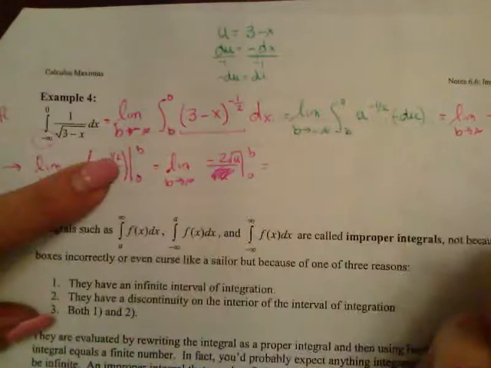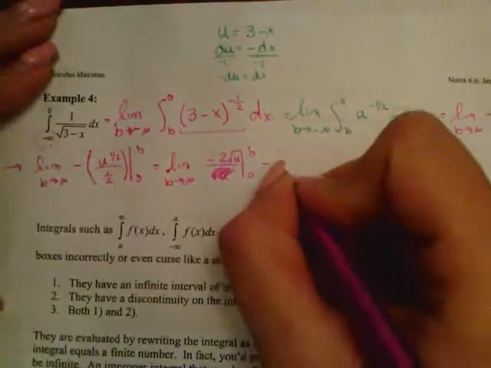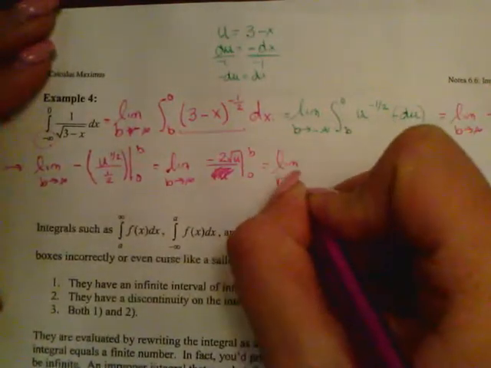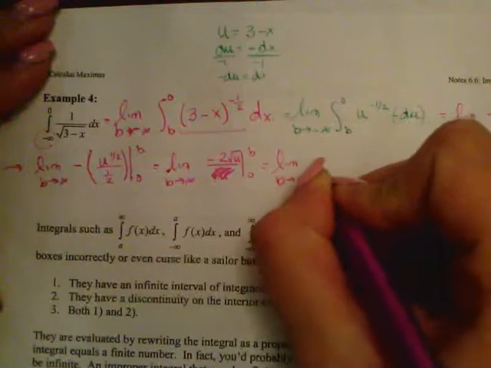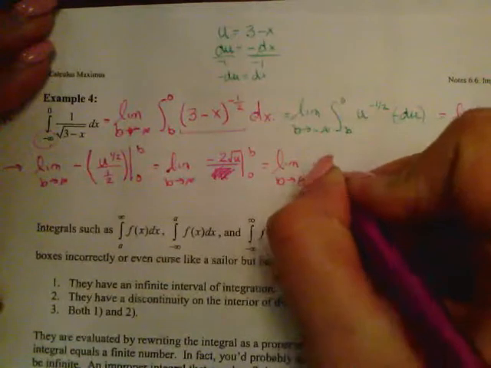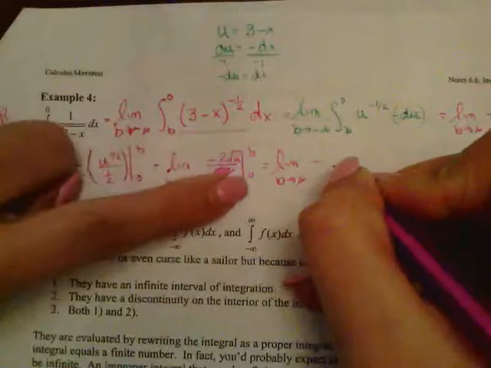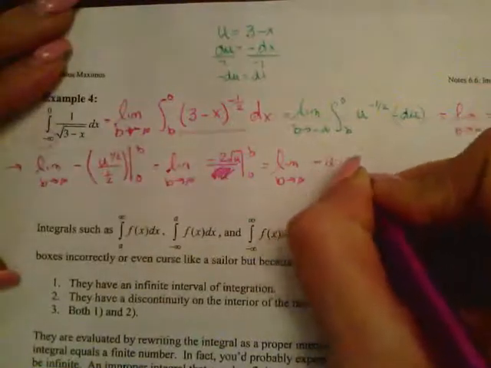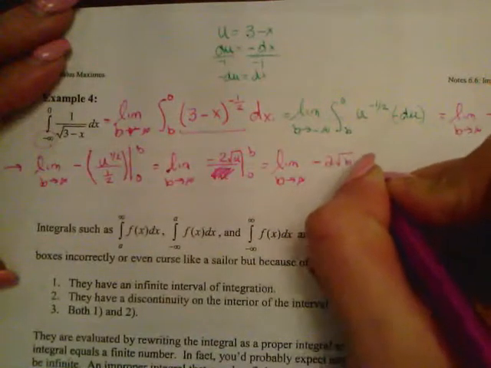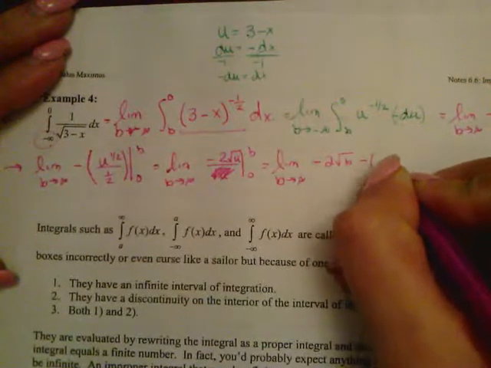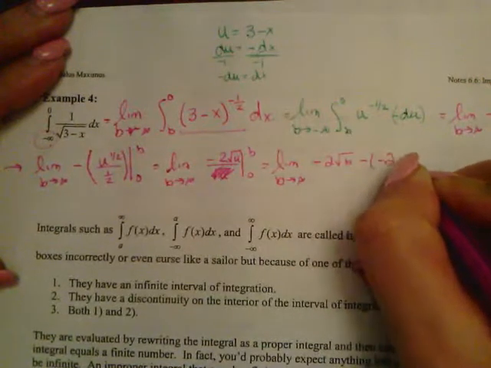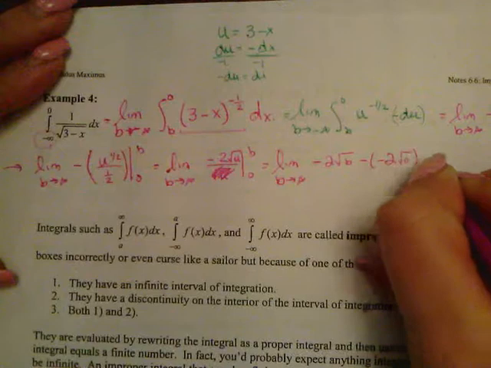That shouldn't have come down. So here our limit from b to infinity of negative, let's plug in our b and our 0. So we get negative 2 square root of b minus negative 2 square root of 0.